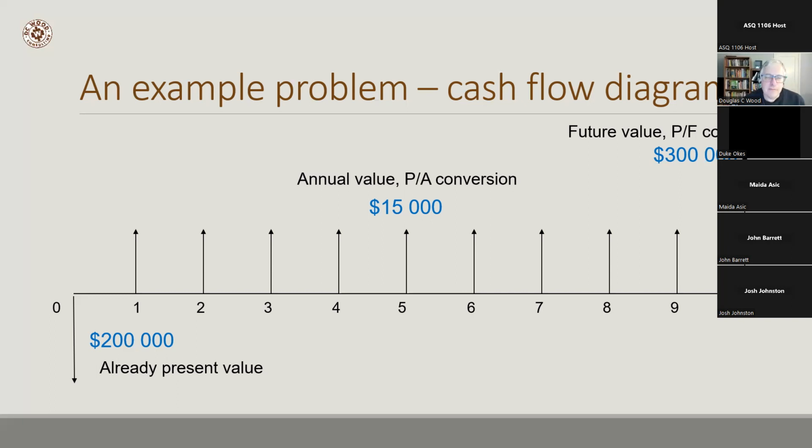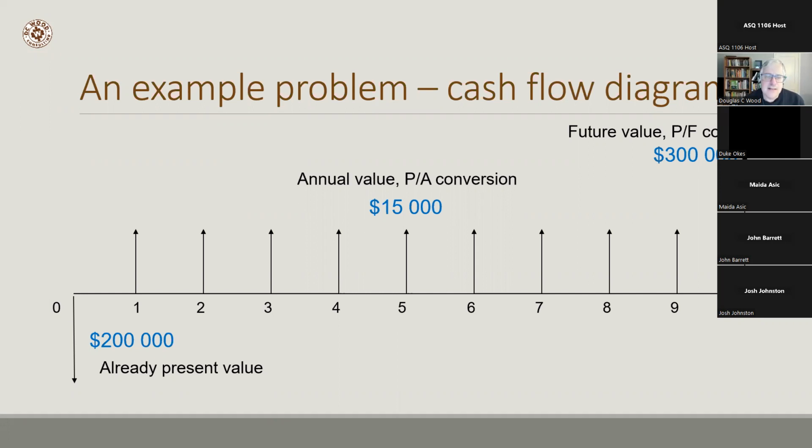Here's an example. If year 5 wasn't 15,000, but instead was 25,000 for some reason, what you'd want to do is take years 1 through 10 at 15 and use a PA conversion for $15,000.